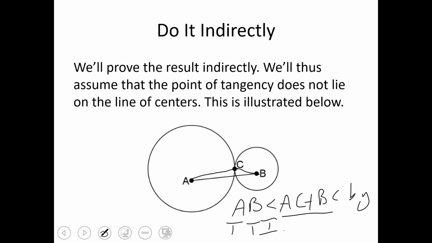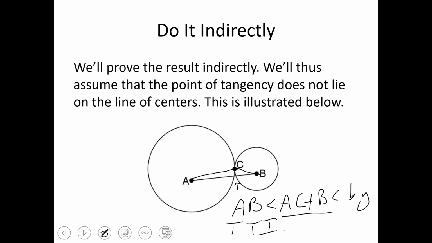But now think about AB, and keep in mind that A and B are the circle centers. As one traverses the path from A to B, one goes along a radius of circle A, then one is outside the circle for just a little bit, and I pointed to it, and then traverses a radius of the second circle to the point B. So AB is a radius of the left circle plus a radius of the right circle plus more.